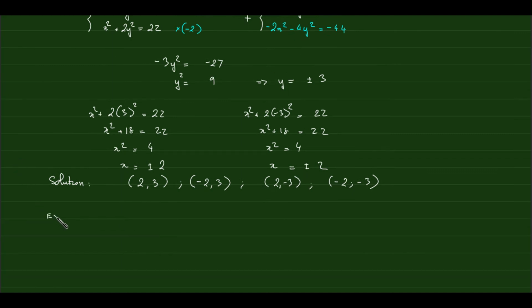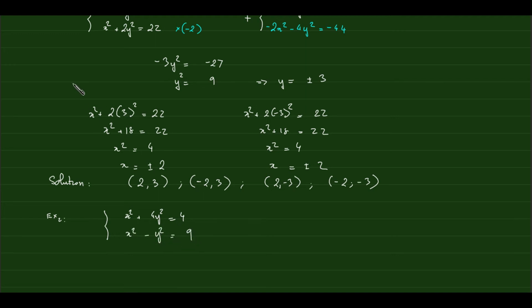All right, how about this example number 2? I have x squared plus 4y squared equals 4, and x squared minus y squared equals 9.